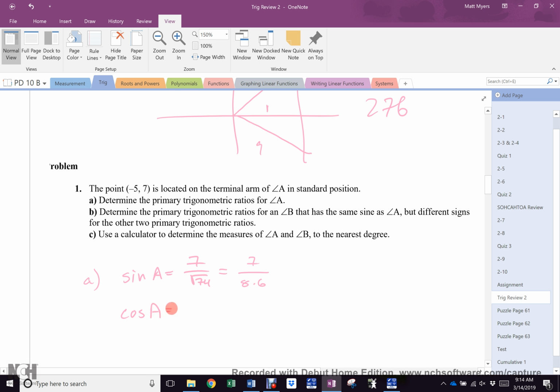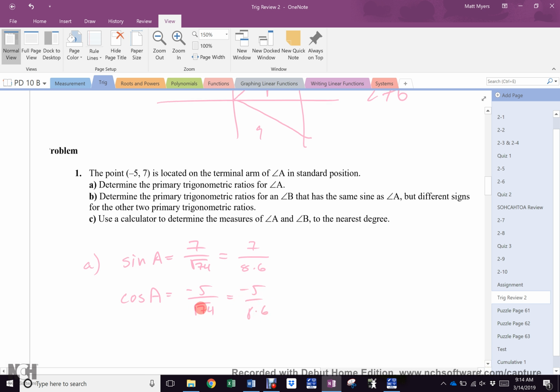Cos A is -5 over root 74, which is -5 over 8.6. Remember, I do not want that. And tan A is 7 over -5. That's worth 1 mark because they're all the same thing.